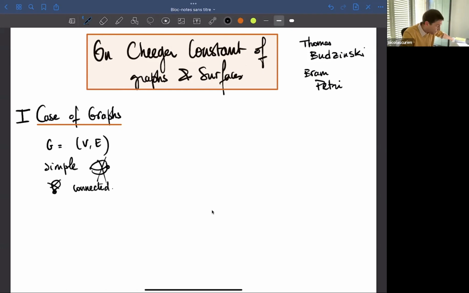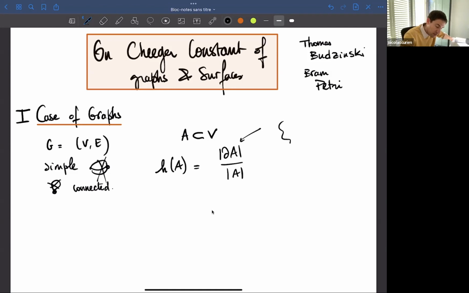If you have a subset of vertices of your graph, you can define its isoperimetry. The isoperimetry of your subset A will just be the size of the boundary of A divided by the size of A itself. What is the boundary?